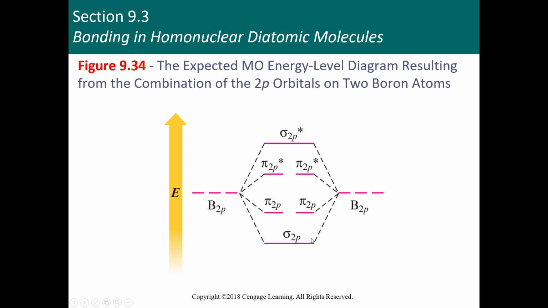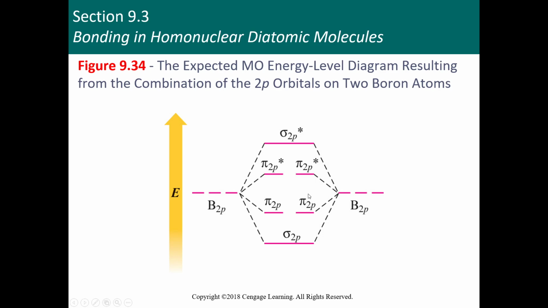First, you have your lowest energy one here, which is going to be a sigma bonding orbital, made from your p atomic orbital from each of these. This right here is going to be two degenerate pi bonding orbitals. Again, these are made from p orbitals in these two borons.